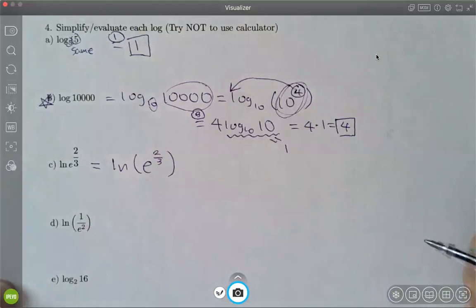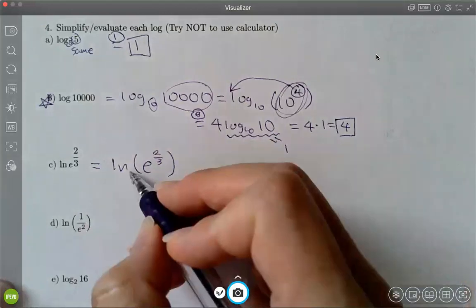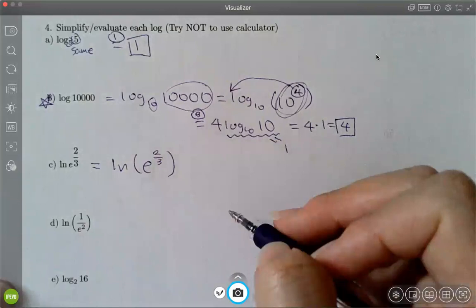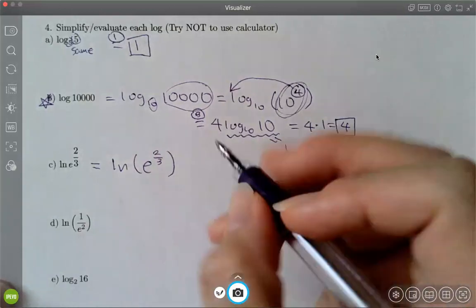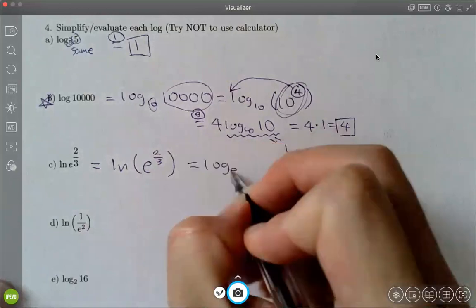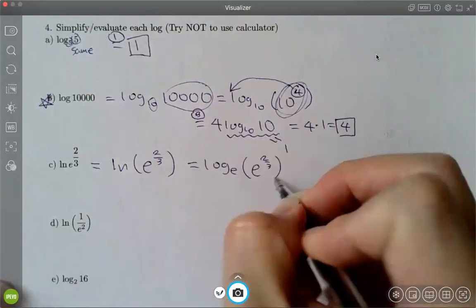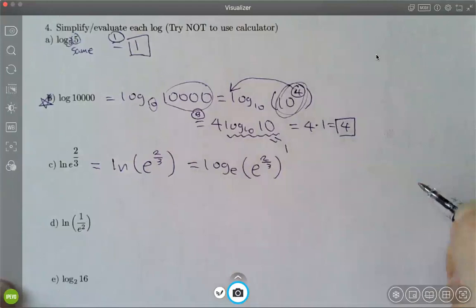First, there's no base, so the base is not like 2 or 3. ln means the base e log, or the natural log. So we have log e, and then e to the power 2/3.